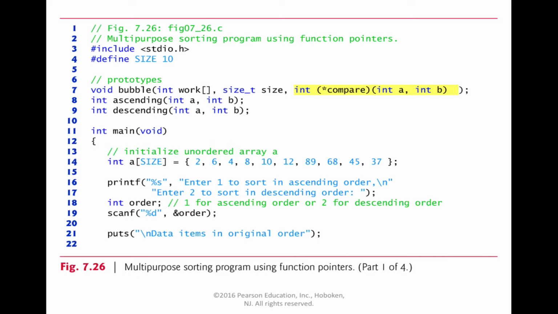You'll notice that matches the prototypes for both ascending and descending, minus the names. So that is how you create a pointer to a function. The parameters and return type have to match that of the function that you wish to point to.